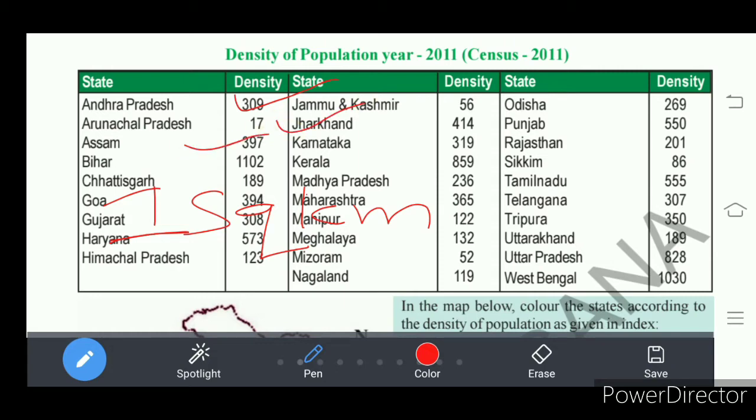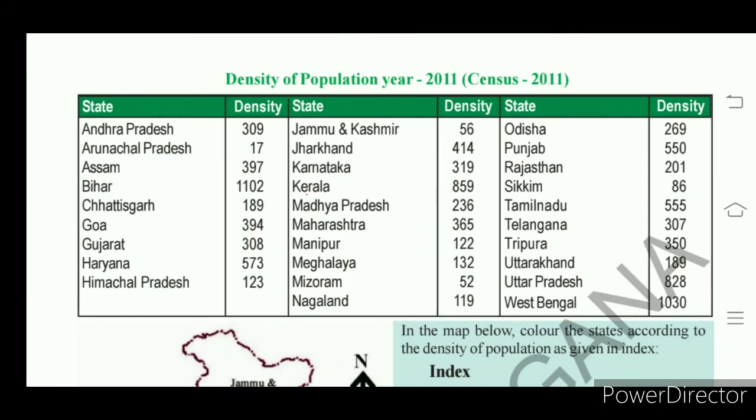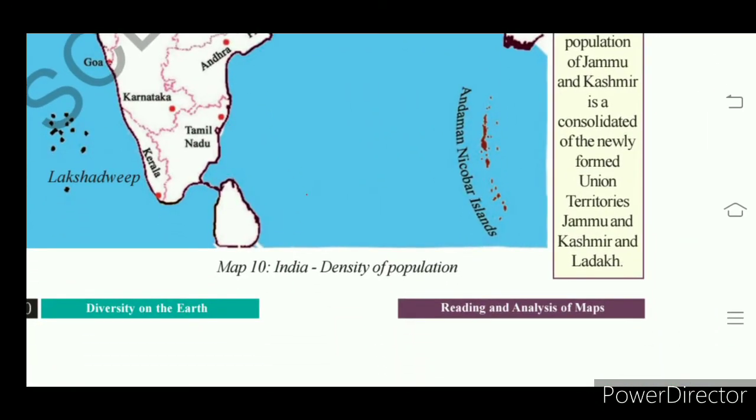In Assam, it is 397. In this way, the population density of every state is given. With the help of this table, we can make a population map of India. Understand? How do we make a map of the population of India?